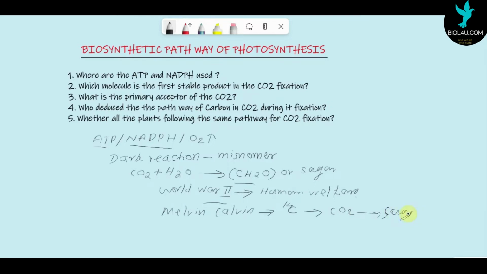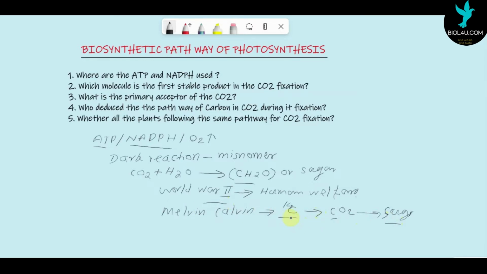He was the first scientist to use the isotope carbon-14 for this. So that was the use of the radioactive isotope after World War II for human welfare.